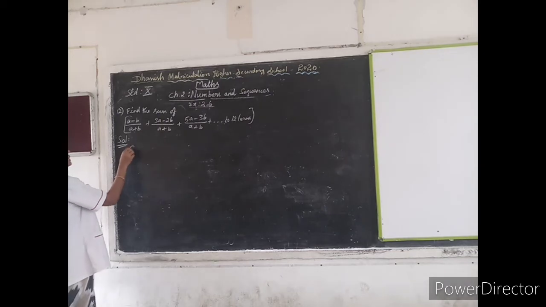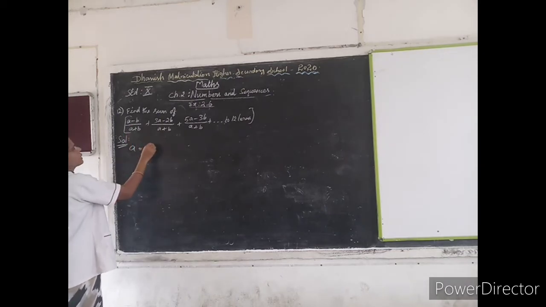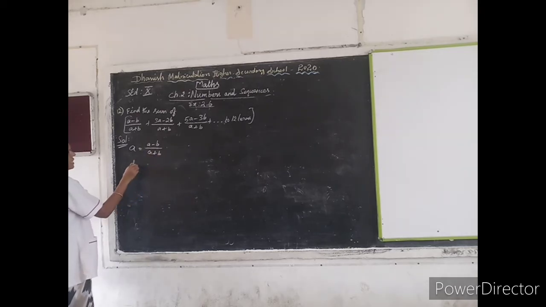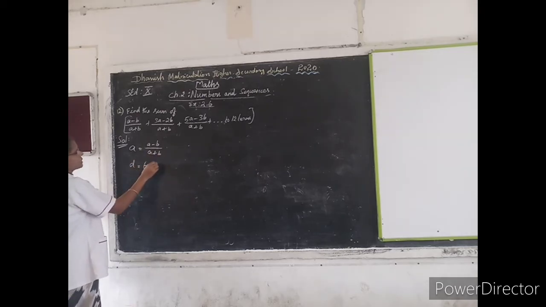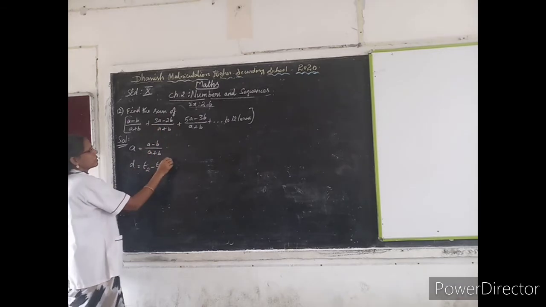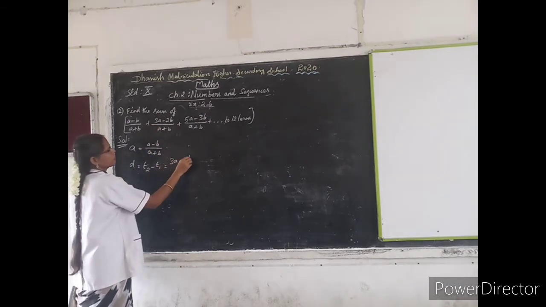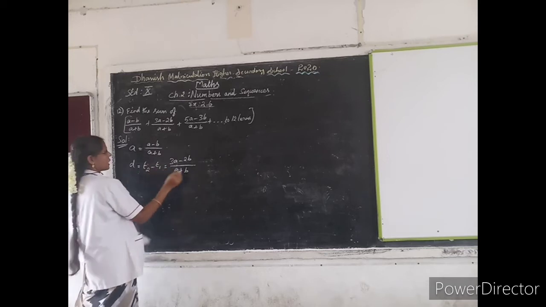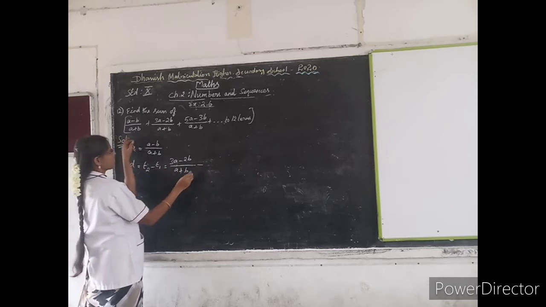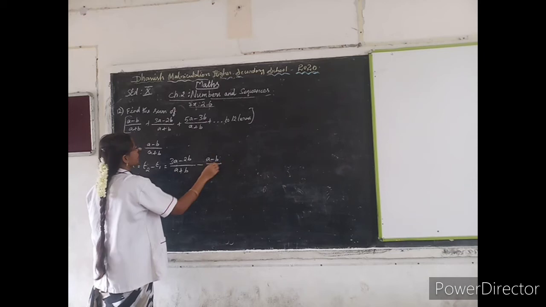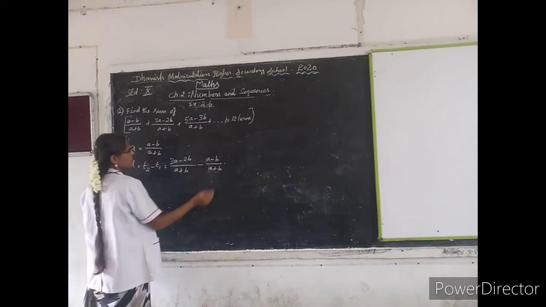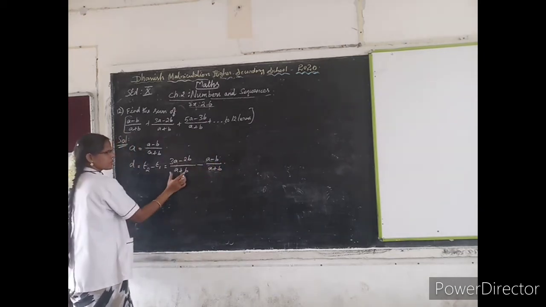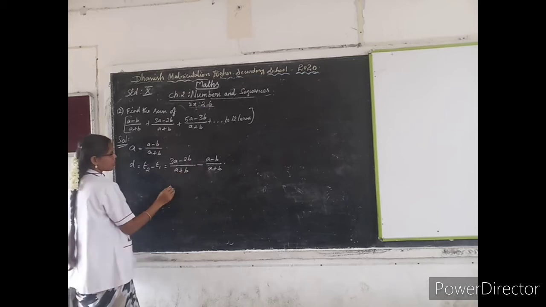Here our first term a is a minus b by a plus b. Common difference is t2 minus t1, that is 3a minus 2b by a plus b, minus a minus b by a plus b. So for subtraction of two fractions, we have a common denominator.